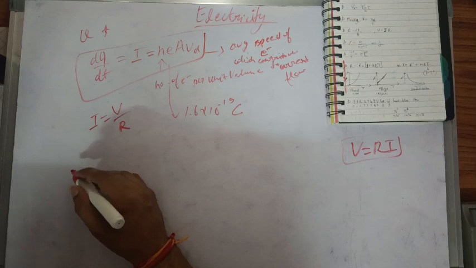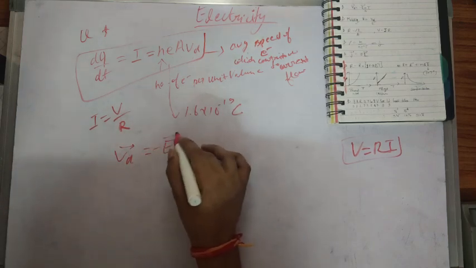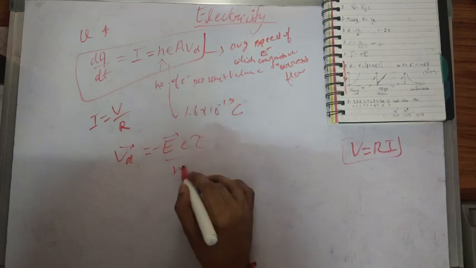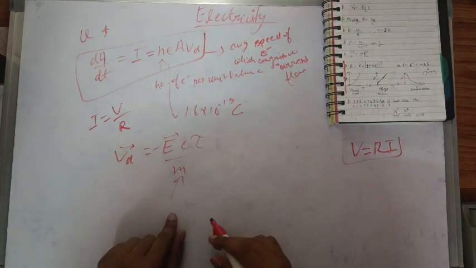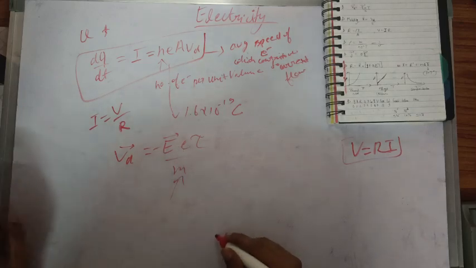And there is a formula for drift velocity Vd, which is equal to minus e E tau over m, where m is the mass of an electron, e is the magnitude of charge on an electron, E is the electric field present.